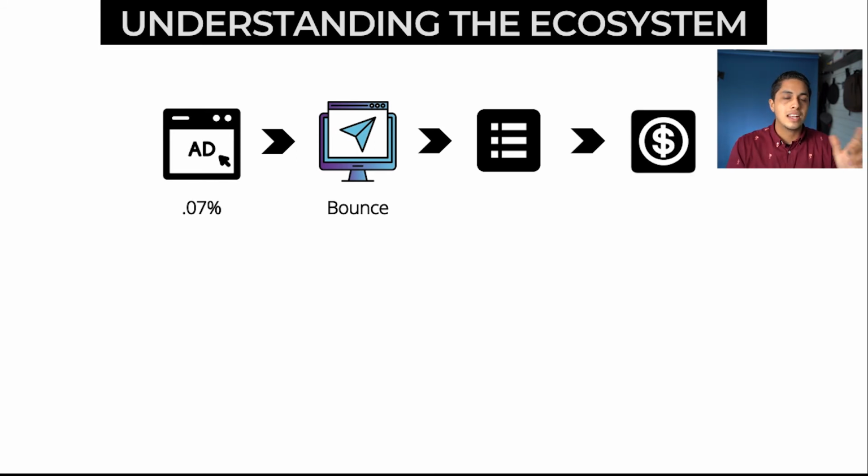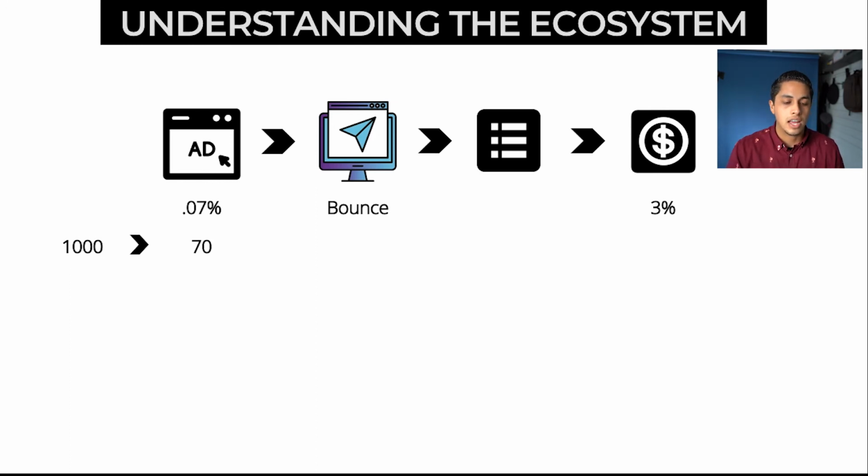But that's if you're lucky, because most of the time, of those people that came to your website, only 3% of them are actually going to convert. On average, could be more, could be less, but 3% is typically pretty much the baseline standard number. So let's say 1,000 people saw our ad, 1,000 impressions. Of those 1,000, at 0.07, only 70 of them actually came to the landing page.